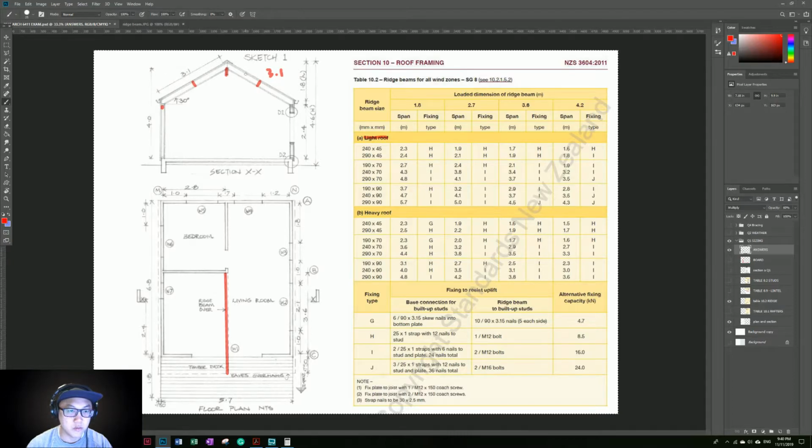So the loaded dimension would be 1.55 plus 1.55, so you'd get 3.1. That's our loaded dimension. So we have to work around here: light roof and the span. What's the span of this?